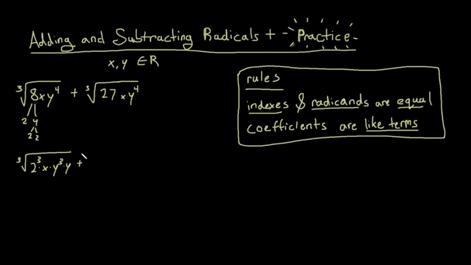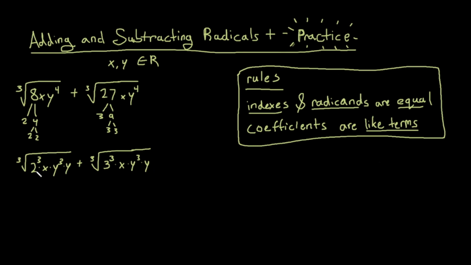Now, we'll just do the same thing here. 27 is 3 and 9. 9 can be factored to 3 and 3. So we have cube root of 3 cubed times x. This is the same case here where we can simplify this to y cubed times y.